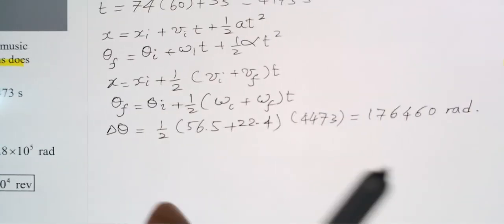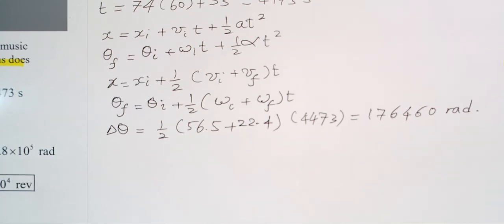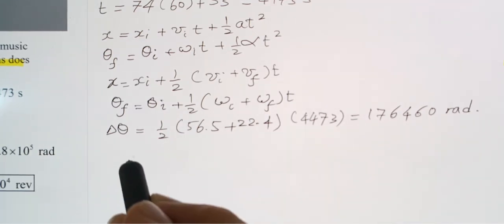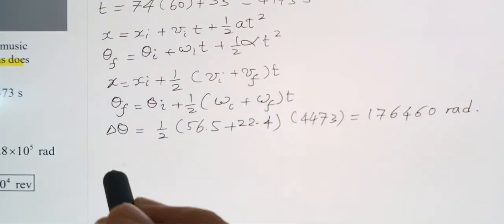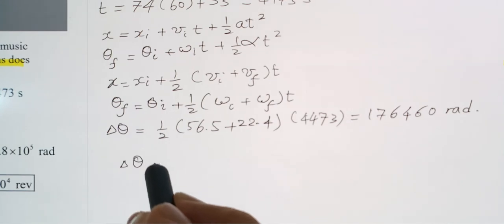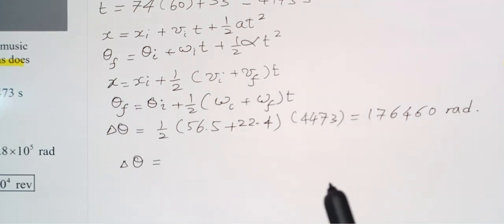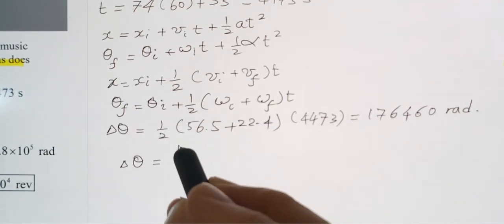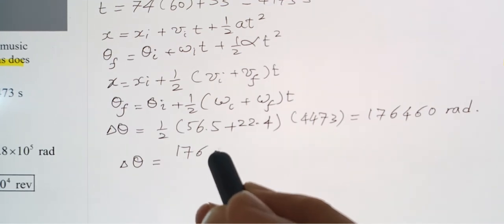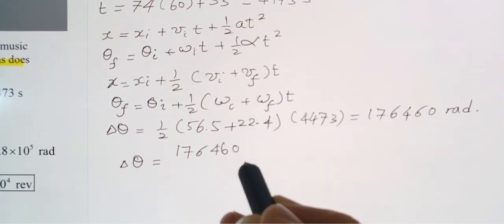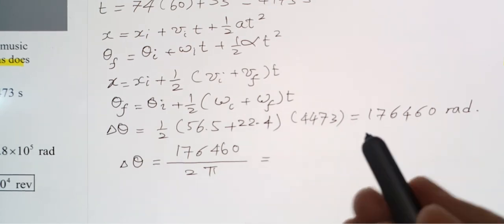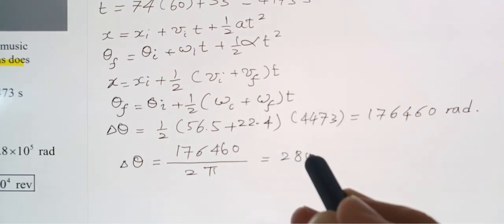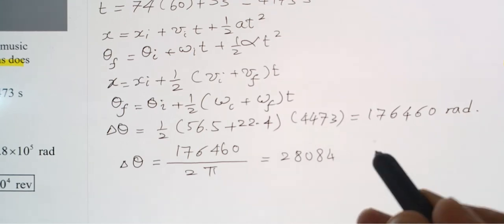So we have to divide all of that over 2 pi, because each revolution is 2 pi. So the total angular displacement is equal to this number divided by 2 pi, and it's equal to 8084 revolutions.